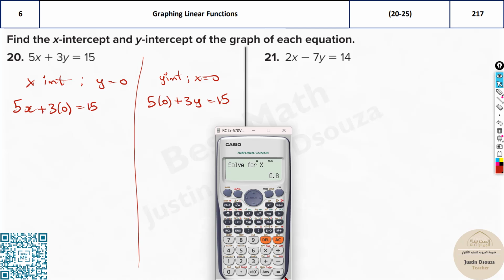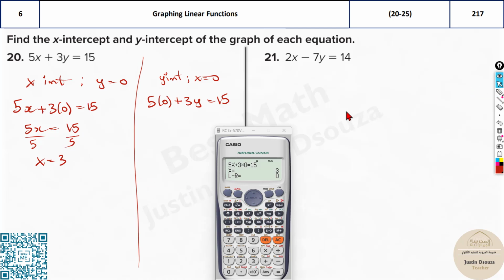Press shift, solve, and then equal to. The answer is 3, isn't it? So on the left side, the x-intercept, the x value is 3. If you do the manual method also, it will be 3: 5x equals 15 because this is 0. Divide both sides by 5, x is 3.